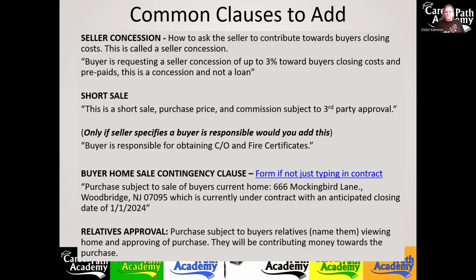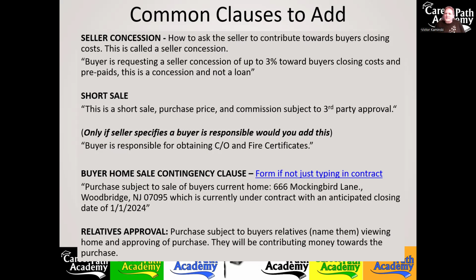Now, buyer home sale contingency clause. That's a mouthful. Well, I guess that's what I'm going to call it. So this is if the buyer has another house they need to sell before they go through the purchase of this one, you could just write in the contract, purchase subject to the sale of the buyer's current home, and then give that address or MLS number if it's listed.